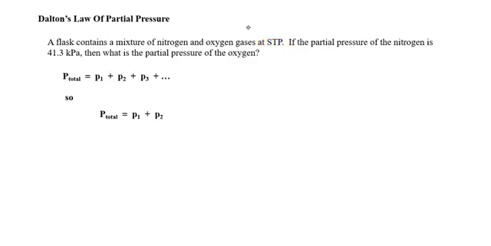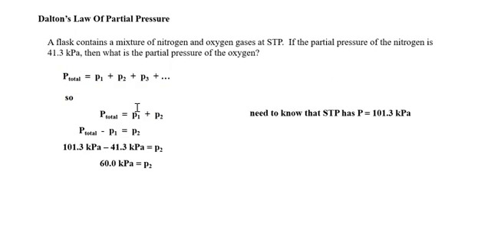In this case, P total is just the sum of everybody. Well, how many gases do we got? We got two gases. I used 1 and 2 because I was lazy and I just copied it over. You could write P N2, P O2 if you wanted to. Okay, but anyway, P total minus P1 is P2. Plug them in and go, and you've got 60 kPa.